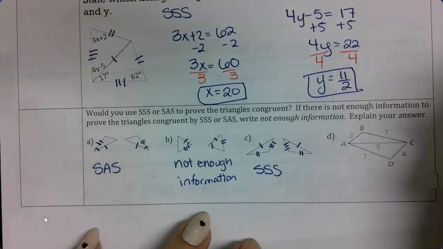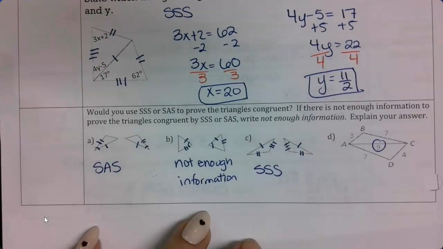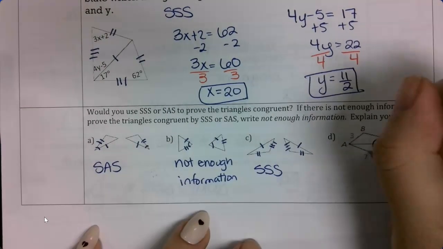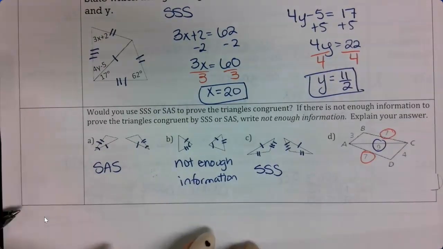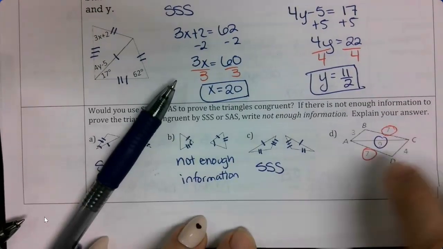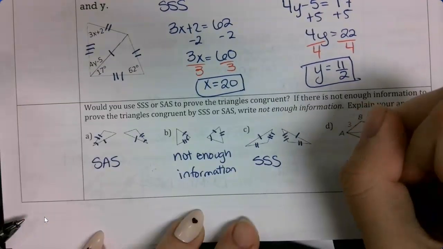And then on my last one, this 9 is in common with itself. These 7s are in common. But then I have 3 and 4, which are not the same. So these ones are not congruent.